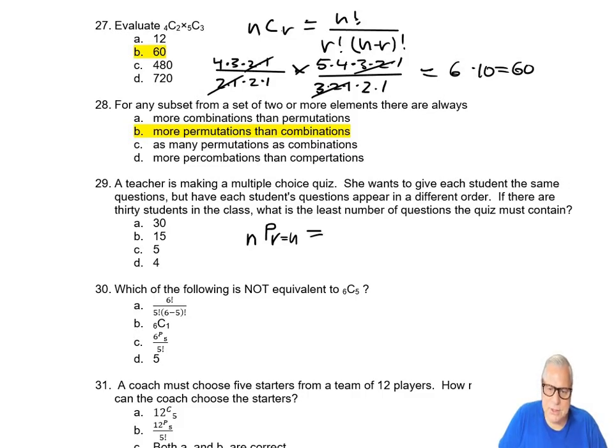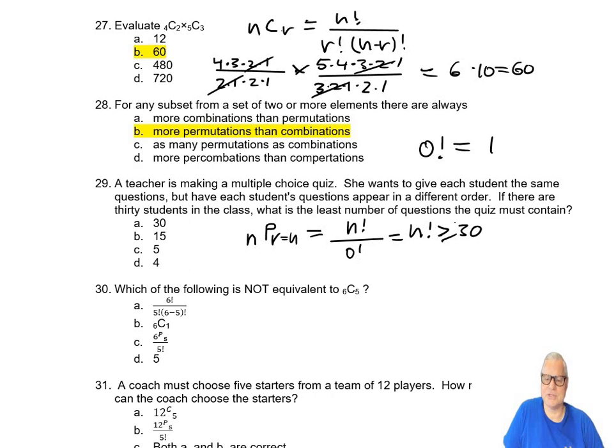So that means we need to solve n factorial over n minus r factorial, but that is 0 factorial, and that's important. 0 factorial is 1. So our problem becomes: n factorial is greater than or equal to 30.